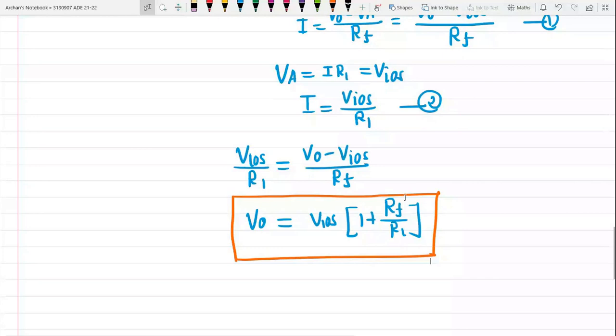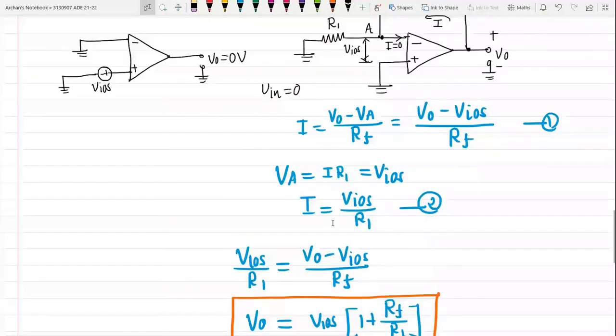Now clearly, you can see the input offset voltage will have an effect on the value of output offset voltage, and this is the reason why we need to eliminate this input offset voltage, right? So ideally my output voltage equation should be equal to 1 plus RF by R1 into Vin, right? But here in place of Vin we have this VIOS. Okay, so this is the effect of input offset voltage on the output offset voltage.